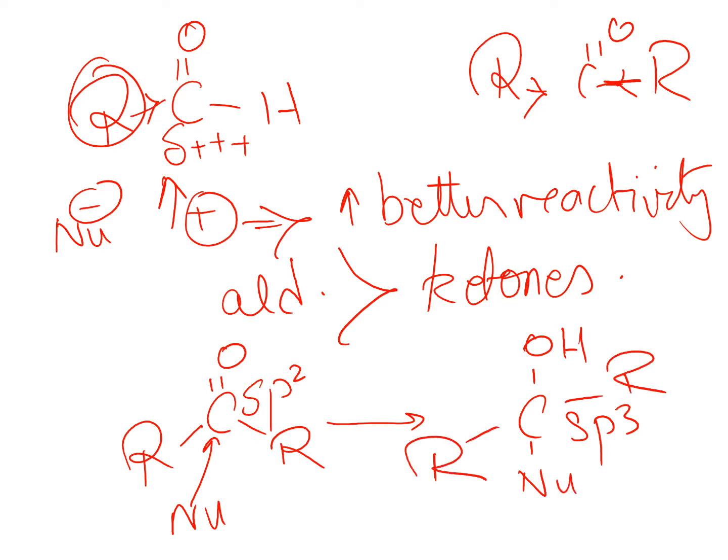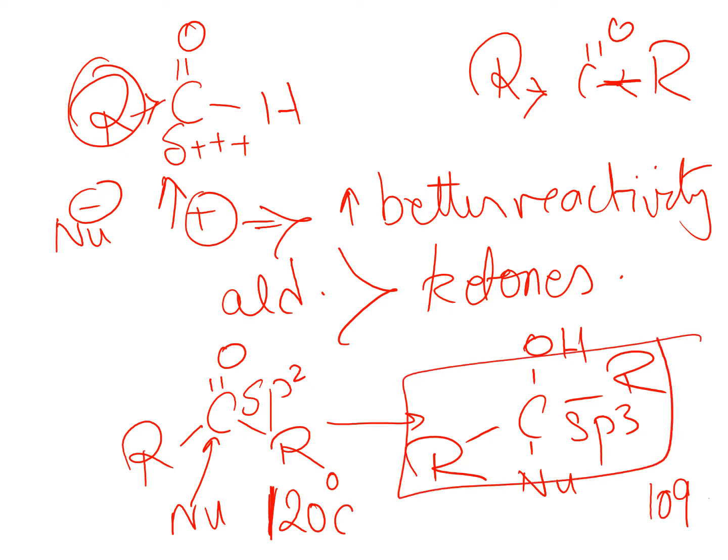Because they are tetrahedral, the angles between the bonds are much lower than in sp2 carbons. The angles here are 109, while the angles here are 120. So the tetrahedral compound is less stable than the planar compound.